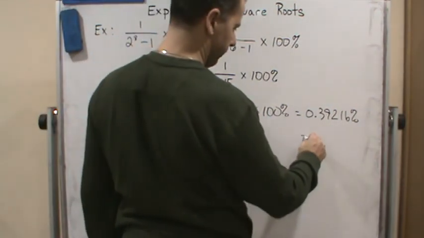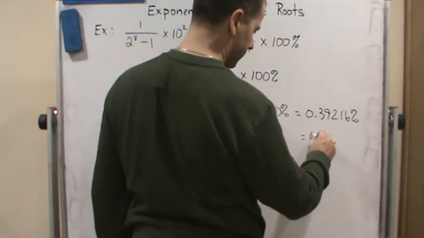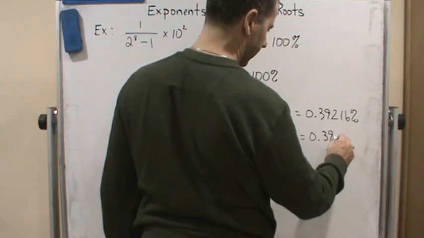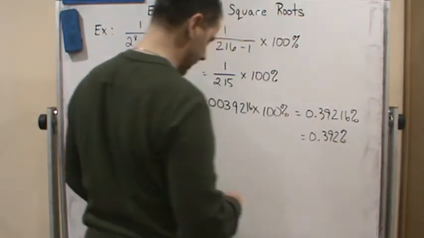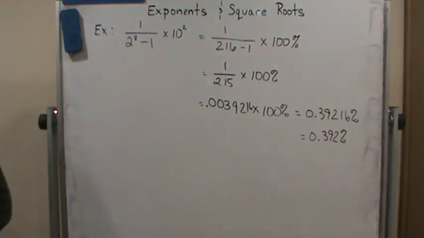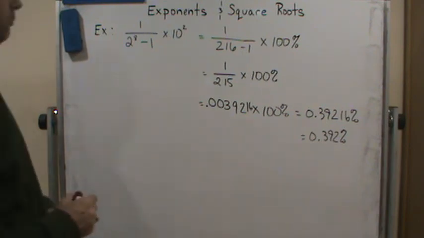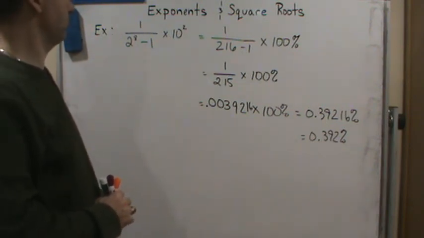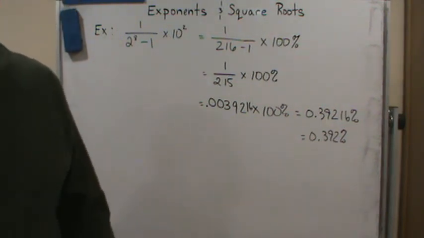And of course, if they want to round to 3 decimal places, then it's going to be 0.392%. Okay, and that's the percent resolution of an 8-bit digital to analog converter. So basically digital to analog. Okay. Have a great day.